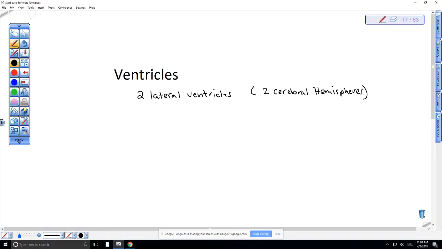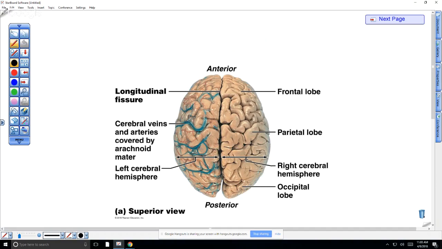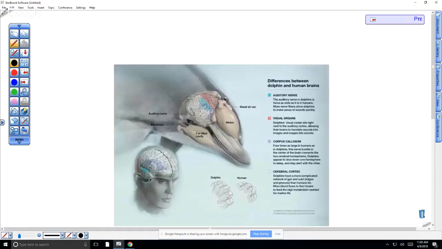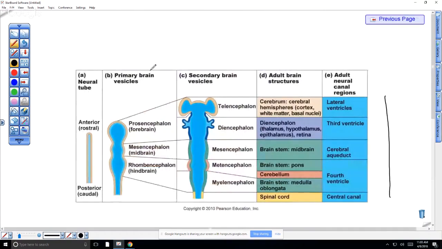Okay, so if I go back to my diagram. Oh, actually, I think I have a picture here. Oh, I don't, sorry. Didn't organize that correctly. Okay, so the lateral ventricles are going to be in the two cerebral hemispheres. I know I have a picture of this somewhere.